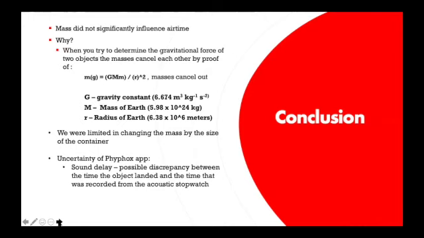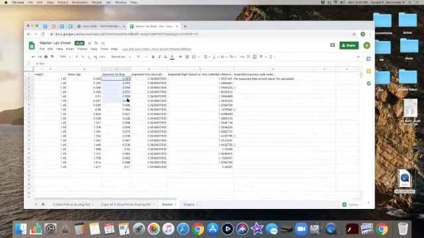Our conclusion is that mass did not play a significant role in contributing to airtime. And for the equations, you'll see right here in this column that we got different times, but relatively the same. Relative to what we calculated, they should be the same. There were only 4 instances where they were exactly as we expected.